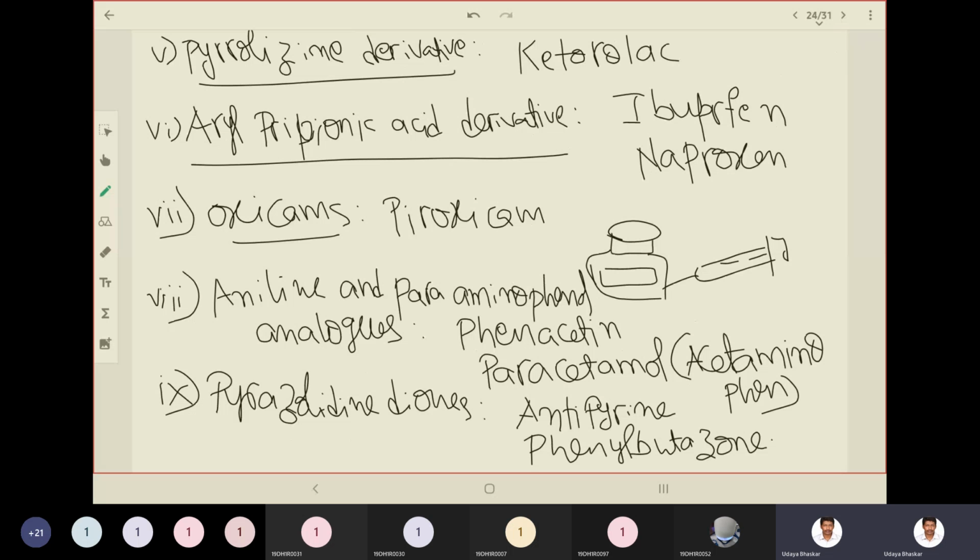Pyrrolizine derivatives, example ketorolac, and aryl propionic acid derivatives, examples ibuprofen and naproxen.